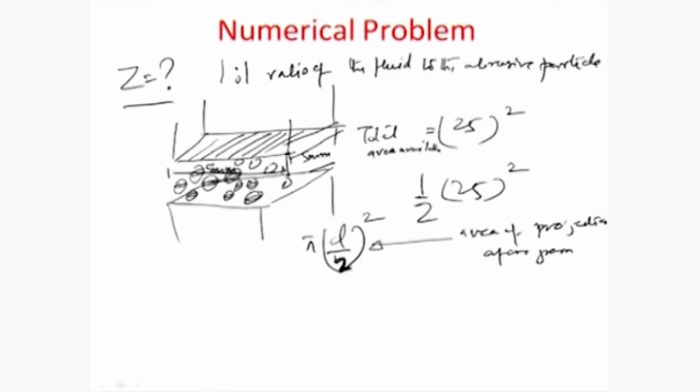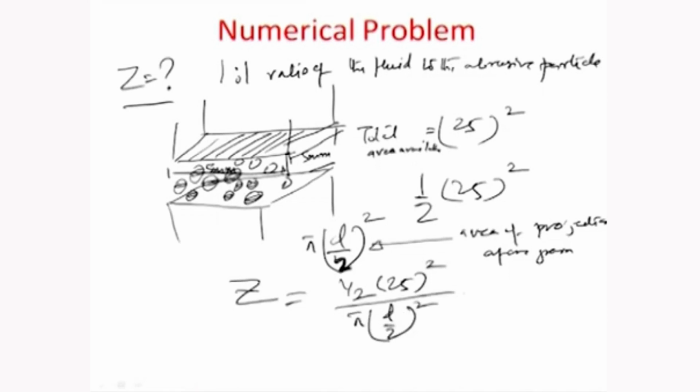So therefore the number of grains available per impact between the tool and the workpiece here would be given by the total area to be flooded with the particles divided by the individual particle projection area, right.